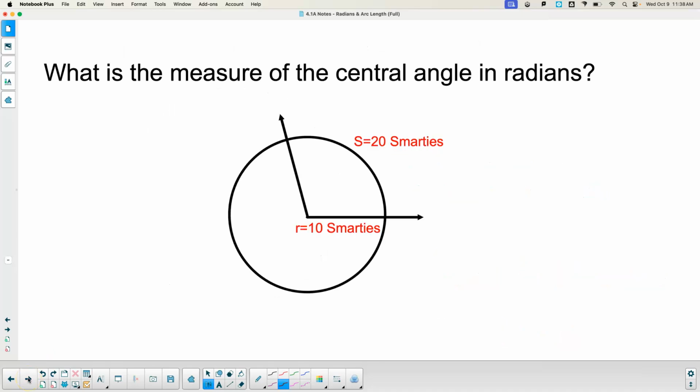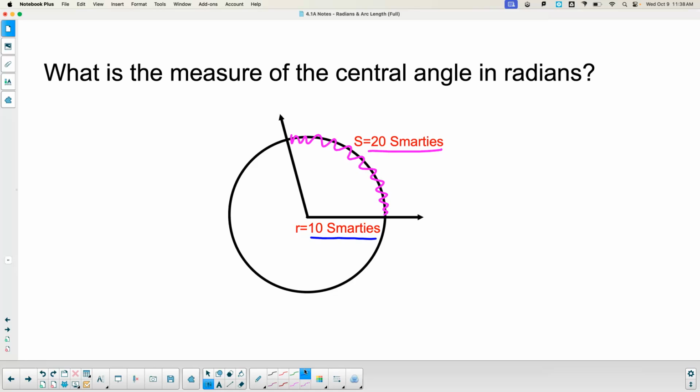So, if my arc length measures 20 Smarties, and my radius is 10 Smarties, how many radii would I need to get that same pink distance?